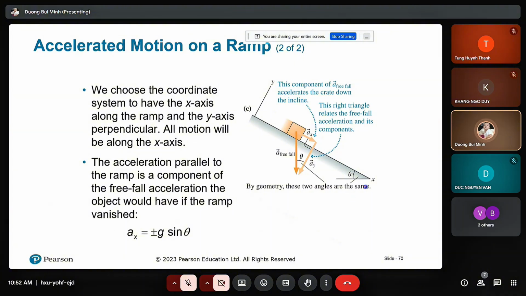Like I mentioned before, this is the moving direction of the object. You can get A, or say AX, that's okay, because vector A is similar to AX. So please use coordinate systems like this.